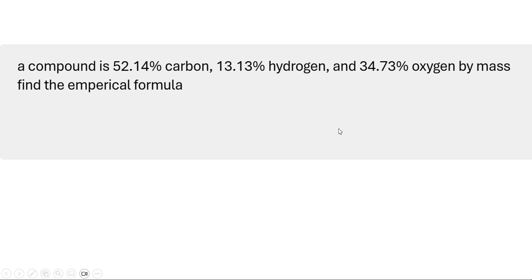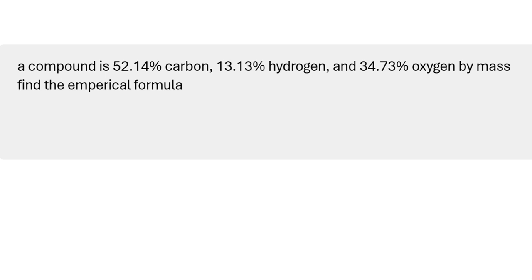So let's look at a question, yeah, so you can actually understand it, yeah, because I could just give you that definition and it doesn't mean anything, yeah. You need to actually know what it means. So here, yeah, I got a compound, yeah, which is 52.14% carbon, 13.13% hydrogen, yeah, and 34.73% oxygen by mass, yeah. Find the empirical formula. So these are percentages by mass. So if the 100% is the 100% mass, yeah, then 52.14 would be 52.14 of that 100%.